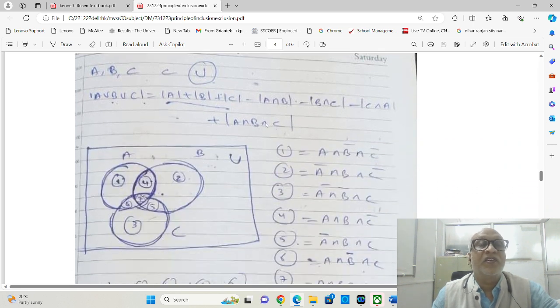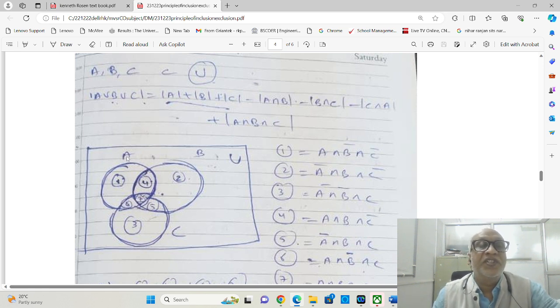So same is the case here. What we are seeing here, how many sets are there now? Our universal set is U, and now we have 3 sets, set A, set B, set C. This is the principle of inclusion exclusion, wherein the number of elements of union of the 3 sets A, B, C will be equal to number of elements in A plus number of elements in B plus number of elements in C minus their intersections, A intersection B, B intersection C, C intersection A, plus there is a common part called as A intersection B intersection C. This can well be depicted by this.